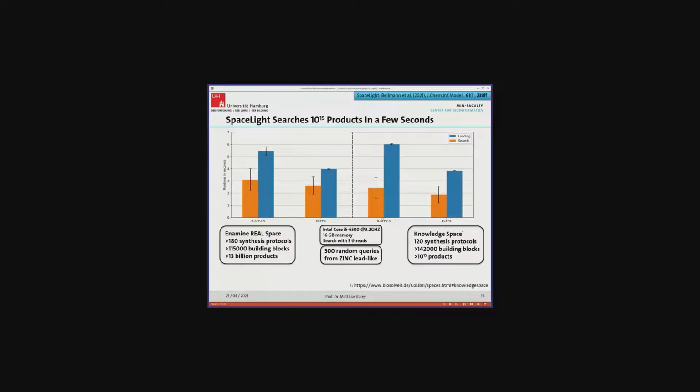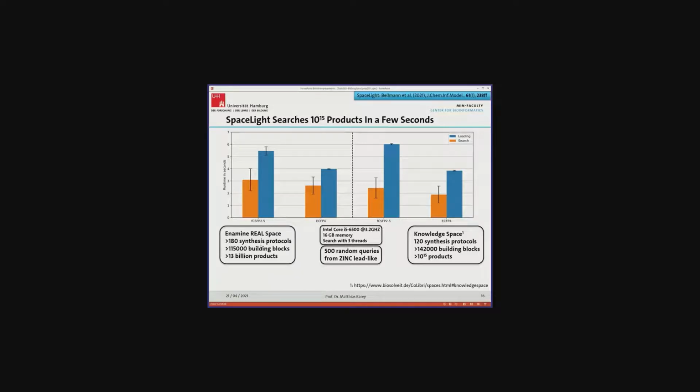Okay, so computing times. SpaceLight is quite fast, so we have run times in the order of seconds. The blue bar is something you would more or less ignore. This is only needed once to initialize the whole system, but once it is running, you can ask your queries. And here are just 2 different spaces.